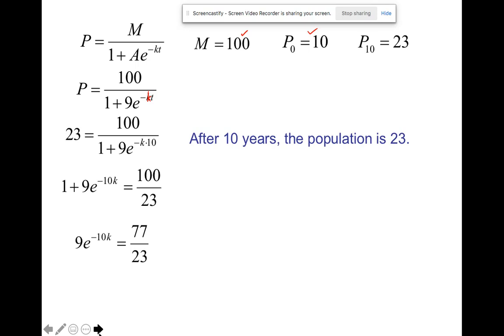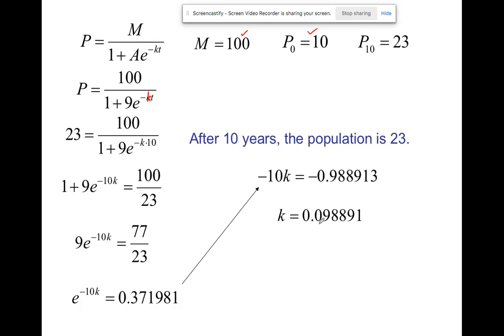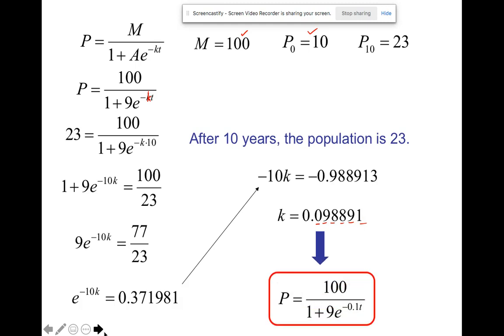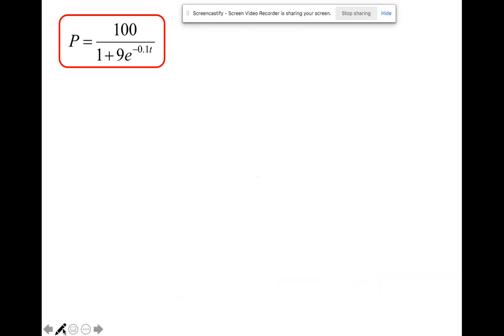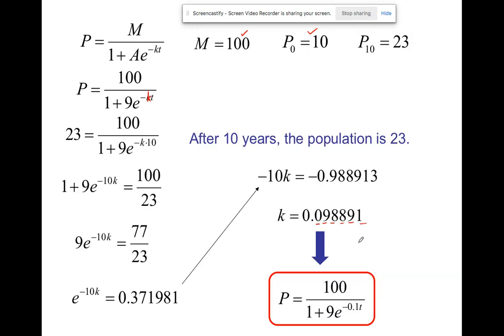calculator to get K, and I'm not going to write down all of those numbers, but I'm going to store that value in my calculator. Notice that I wrote down a rounded value, negative 0.1, but in my calculator, I stored this value.